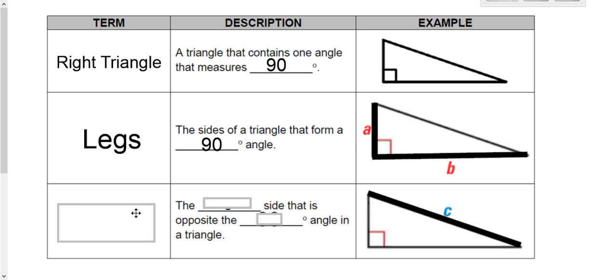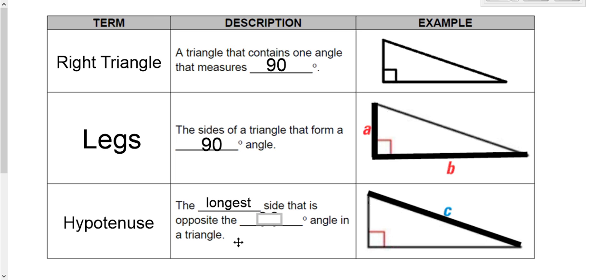Next, the last side, the third side of the right triangle, is called the hypotenuse. It is considered the longest side always in a right triangle, and it is opposite the 90-degree angle. Here's the 90-degree angle. Opposite that angle is the hypotenuse. I usually figure out what the legs are here, the two that make this right angle.